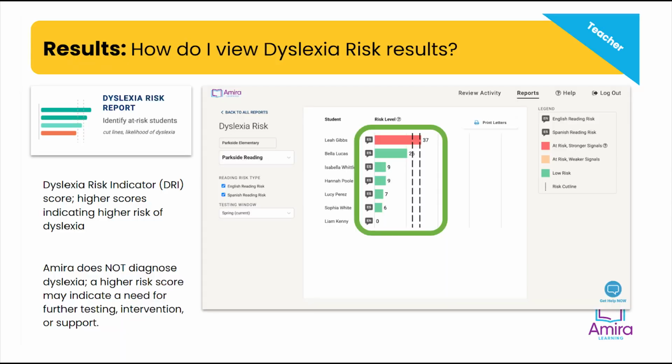But those are the things that, as a screener administrator, you want to note. Because the score is great. Let's say you get the score and it looks like, okay, Leah's at risk. That's great. But what is it within that? What was happening during the screener?